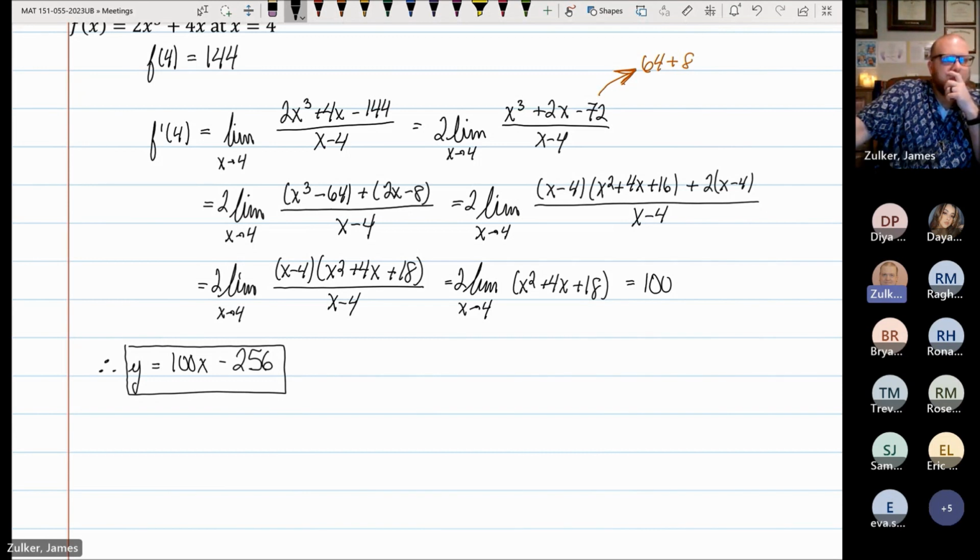When you factored that out, what happened to the original x minus 4? What original x minus 4? When you factored it out and then you just distributed the plus 2 to the 16 to make it plus 18. Right. One of the x minus 4s went away in the numerator, right?